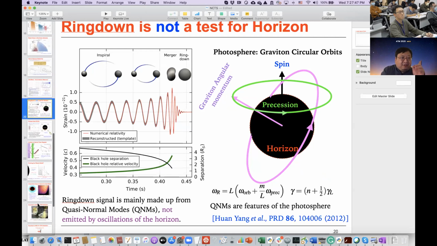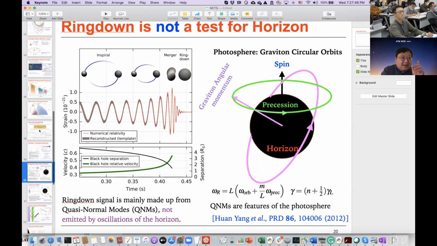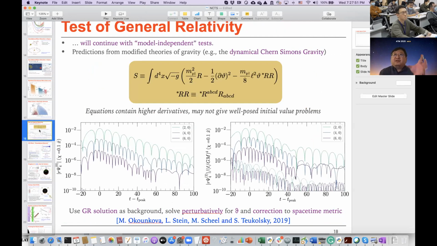But in the Chern-Simons case, there's a break of that isospectrality. So basically the ringdown spectrum is different for electric type and magnetic type ringdowns, and they are basically different polarization states of the ringdown wave.